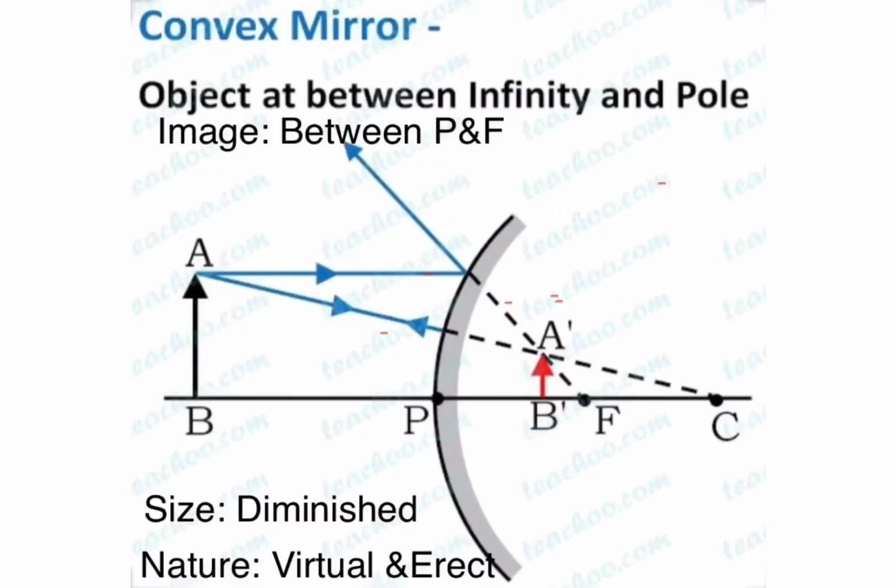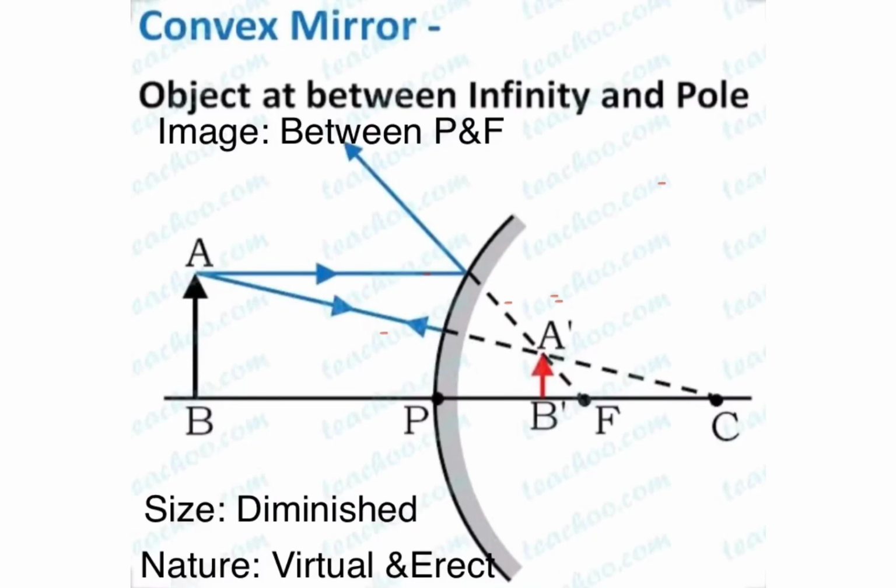Now let us see the second case. The object is placed between infinity and P of the convex mirror. Here, between infinity and P means you can keep your object anywhere. Because of this, there are only two cases in the convex mirror, that is, when the object is placed at infinity and when the object is placed anywhere between P and infinity.